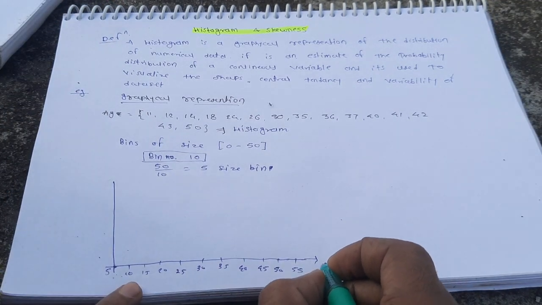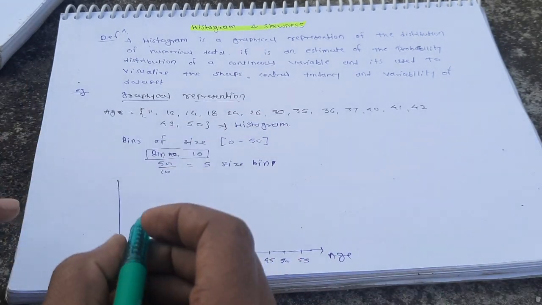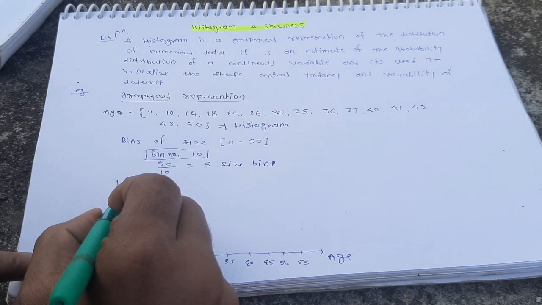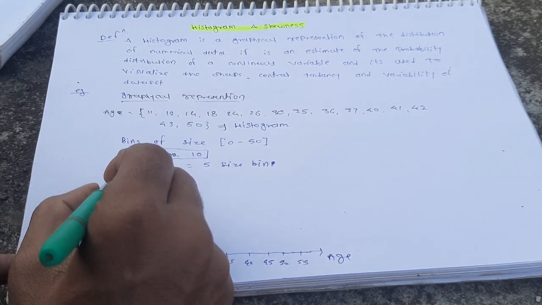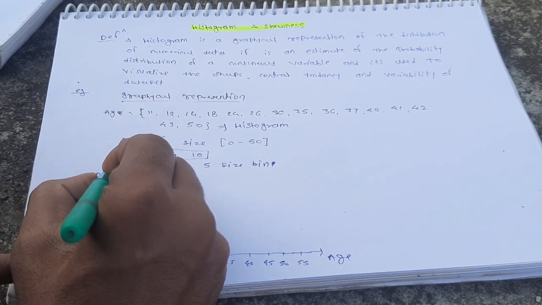This is the age axis in the graphical representation, and this is the bin count: 1, 2, 3, 4, 5, and let's consider 6.